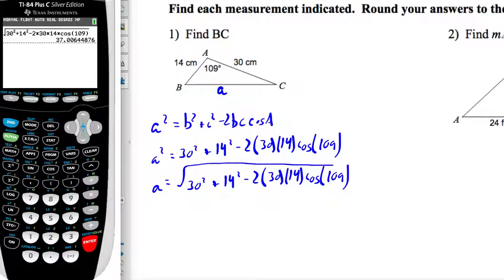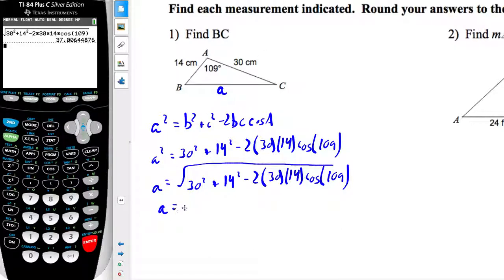And we get 37.00. So if we are rounding to the nearest tenth, we would just say that A equals 37.0. And we're dealing with centimeters. Okay, and that's it. So it's a really straightforward, simple process of just plugging in numbers.